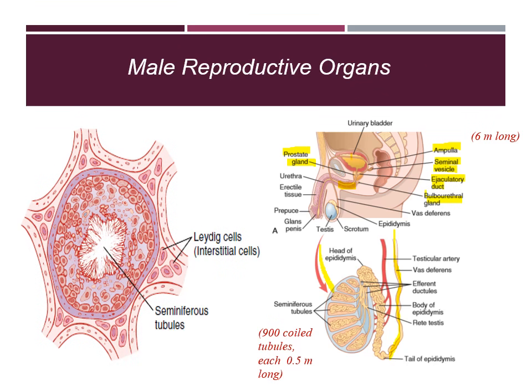This is a cross section of the seminiferous tubules where sperms are formed, and we will talk in more detail later on about the structures and the different cell types of the seminiferous tubules and the process of sperm formation.